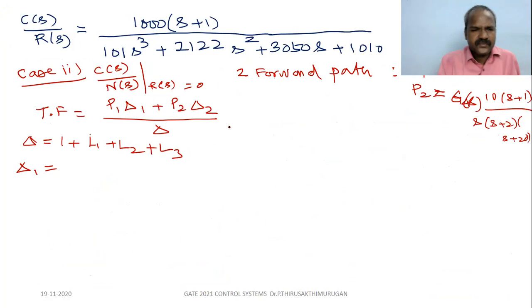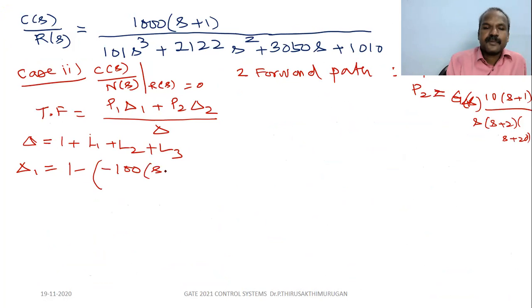So the transfer function. Delta 1 is 1 plus 100 into S plus 1 divided by S plus 2, right?